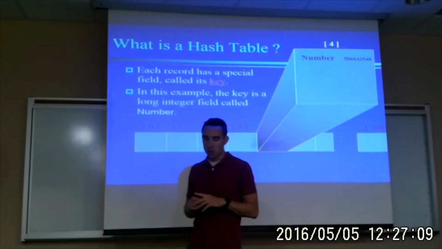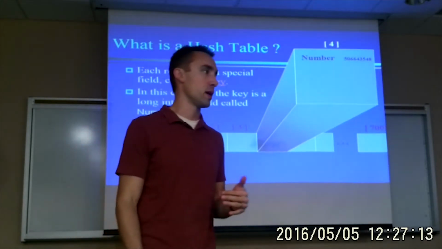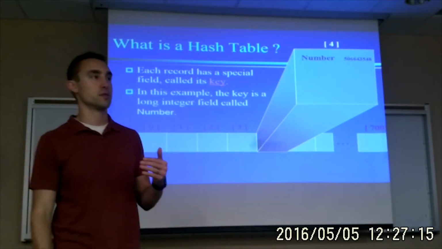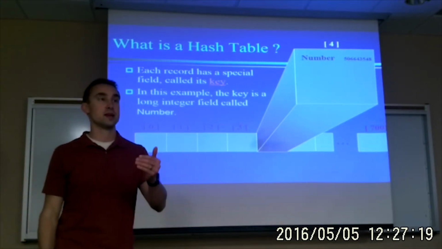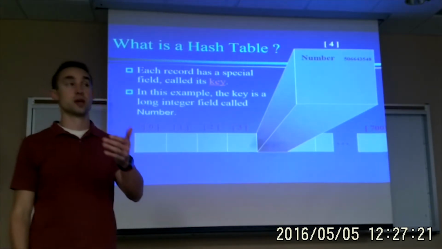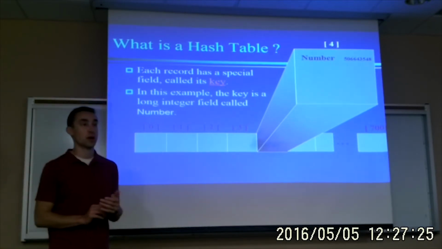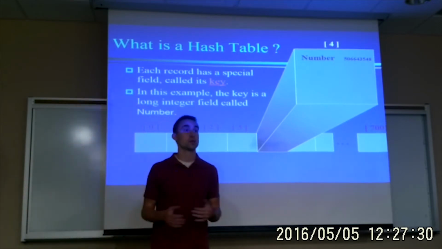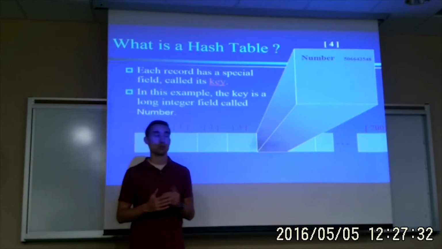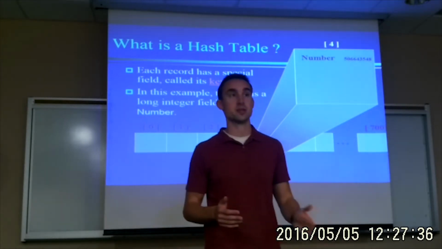You guys know in most of the data structures we've talked about, a lot of times we need to keep track of specific pieces of information in order to make that data structure work. For example, if we're doing a binary search tree, one of the things we have to keep track of is a reference to a left child and a right child. If we're using a stack or a queue with a linked list implementation, we have to keep track of the object that's next in the list.